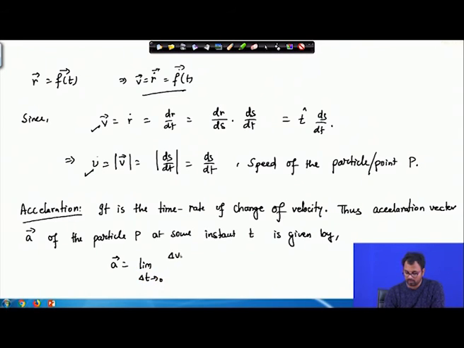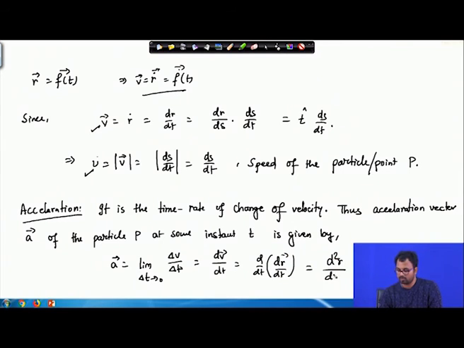With an increment of time interval delta t, the increase or decrease in velocity is delta v, so delta v by delta t gives the acceleration, and making delta t go to 0, this goes to dv/dt, and we know that v is dr/dt. So, this will be d square r by dt square, or simply r double dot.